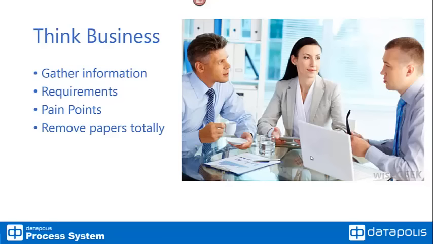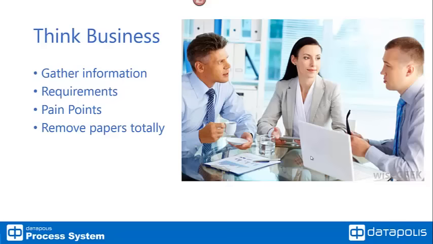Like maybe in this part of the process you removed the papers, but you made one employee, for example the HR, do a manual task, like checking the balance of the employee to approve or not to approve. Why do you have to let the HR go manually somewhere else to check the balance for the employee? Why not automate it?